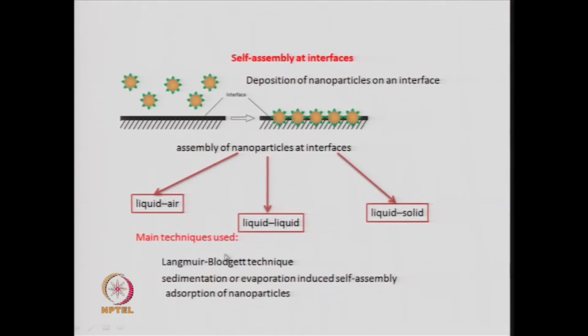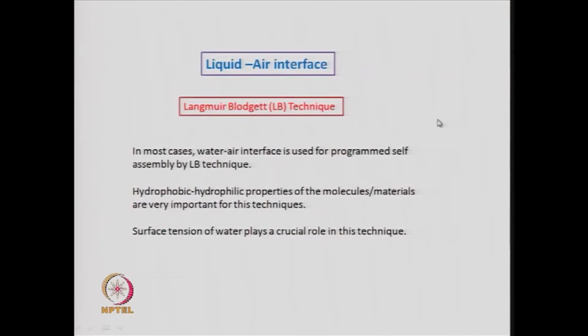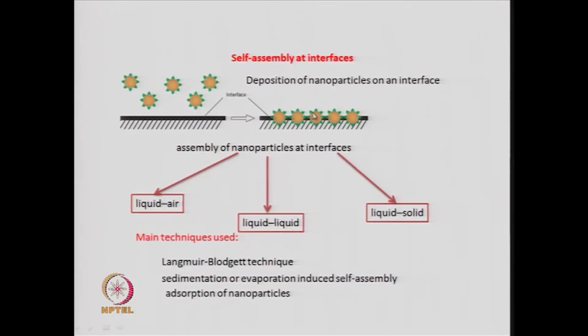Now, there are some of the main techniques used today to make these kinds of nanostructures. The assembly at the interfaces can be done by the well known Langmuir-Blodgett technique. We will discuss this in detail.